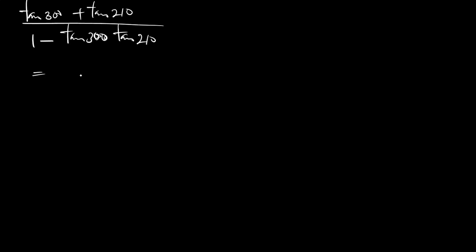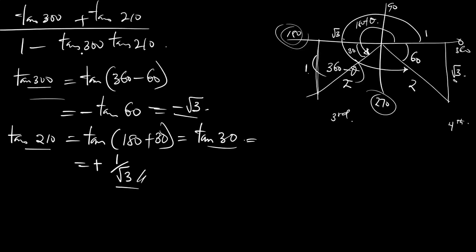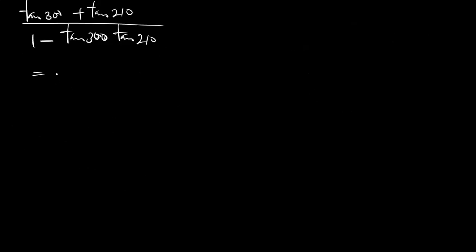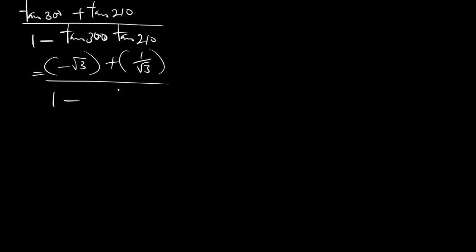So we have this to be minus root 3 plus 1 all over root 3, divided by 1 minus minus root 3 times 1 all over root 3.